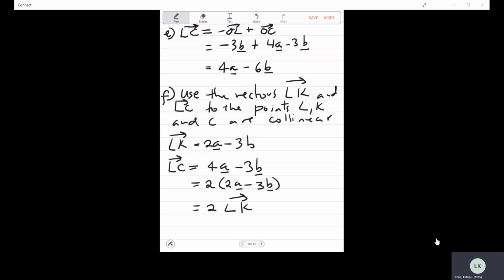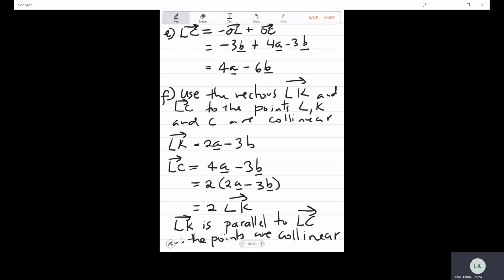Okay, sorry. So you can see that this is 2 of LK. So then we can say that LK is parallel to LC. Therefore, the points are collinear.